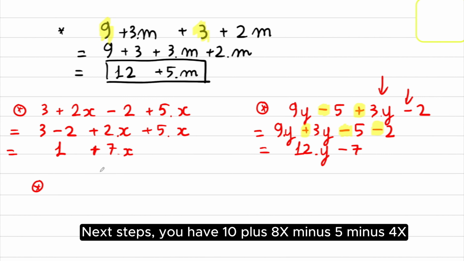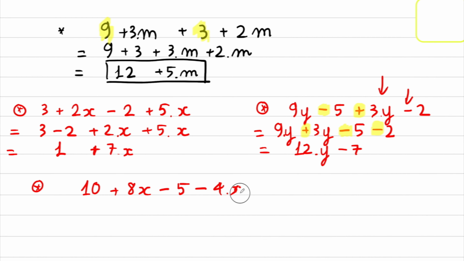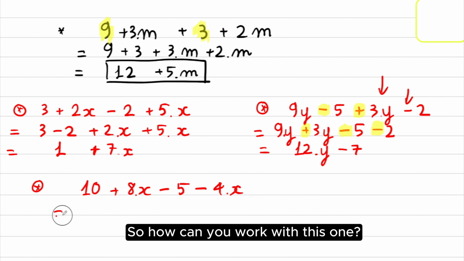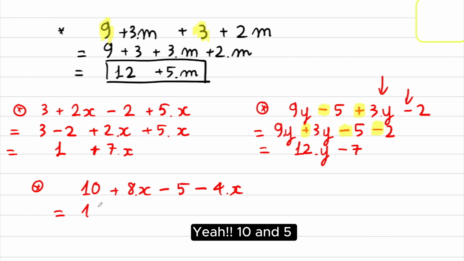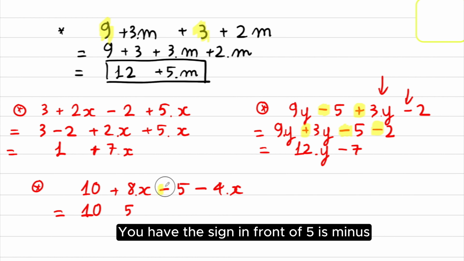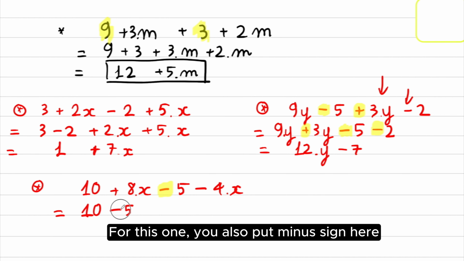Okay. Next, you have 10 plus 8x minus 5 minus 4x. So how can you work with this one? Look at it. You have two constant numbers, 10 and 5. So what is the sign of the 5? Plus or minus? Look at this. The sign in front of 5 is minus. So in front of 5 you also put a minus sign here.